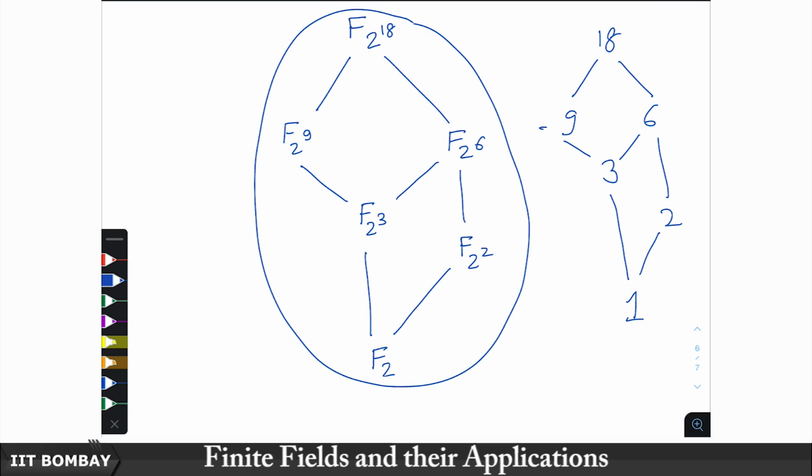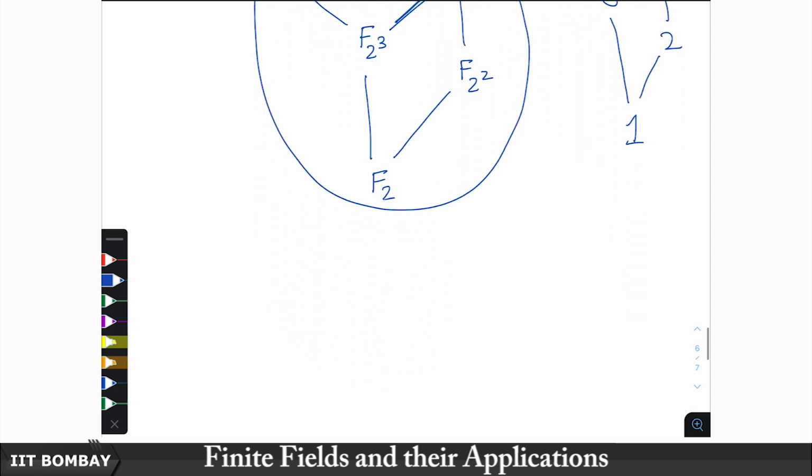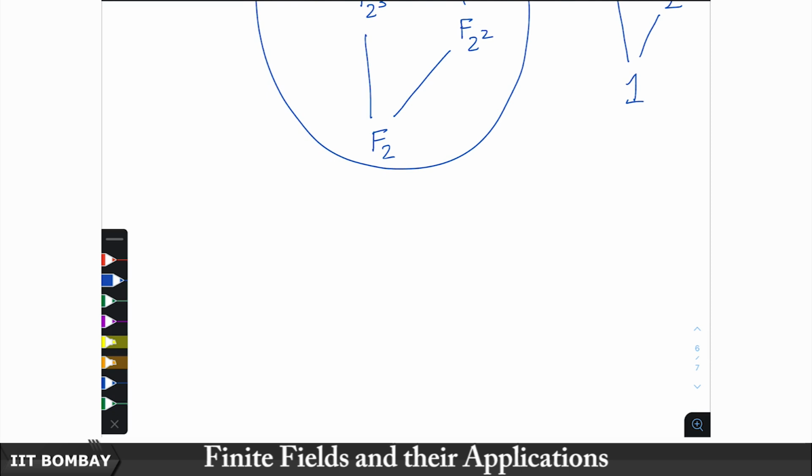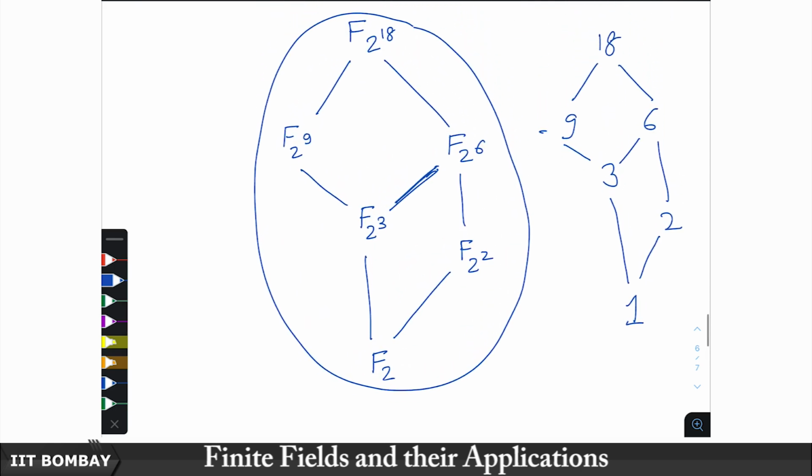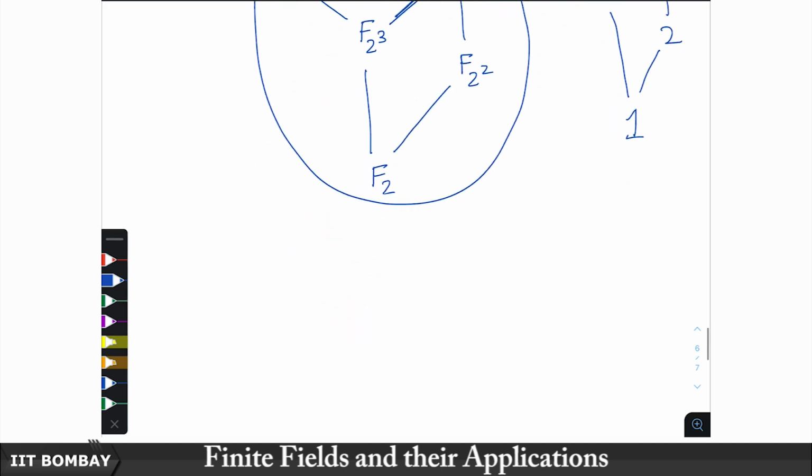Anything that appears below something with a connection line like this indicates that it is a subfield of the thing above. So, the containment relation of finite fields is the same as the factor relation or divisibility relation for positive integers.